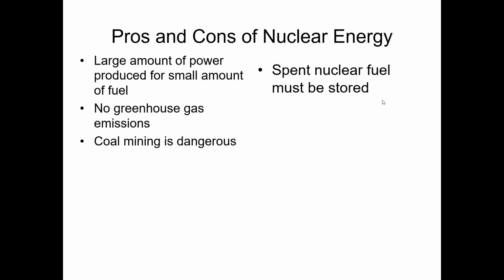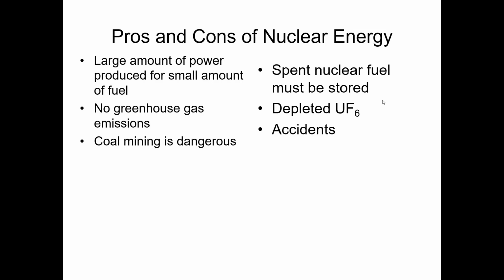But as you might imagine, the land required for that storage can get pretty pricey. And then, of course, the storage containers themselves are pricey. And if they're stored along a fault line, like anything in California or along the San Andreas Fault, then if they undergo an earthquake, they might get cracked or something like this. The uranium hexafluoride also needs to be stored as well, and it's a bit of a hazard in addition to the other stuff.